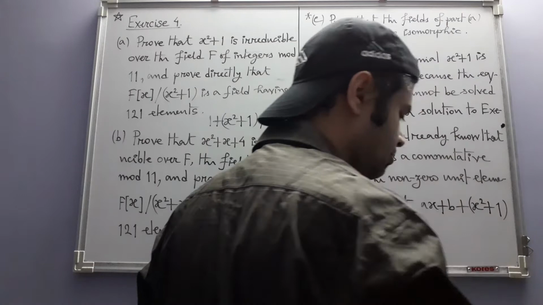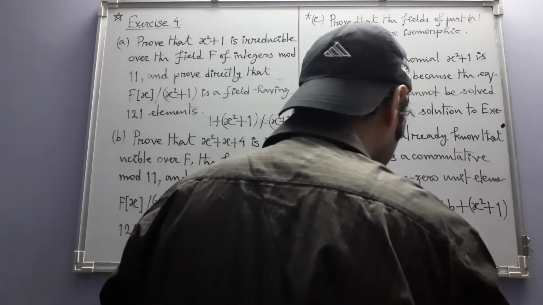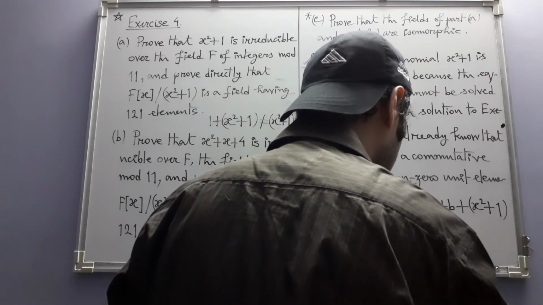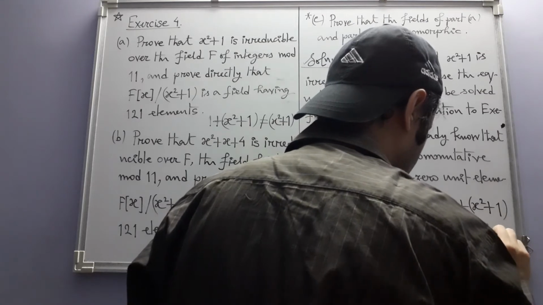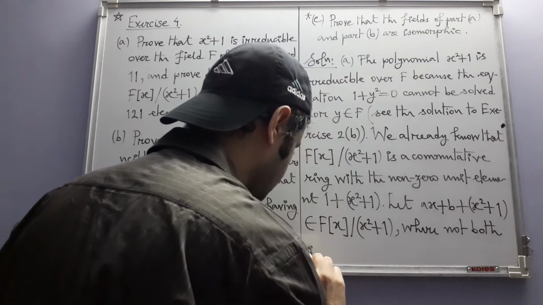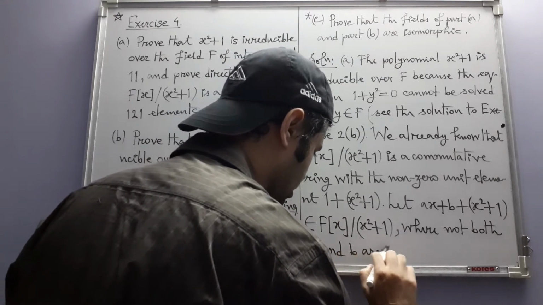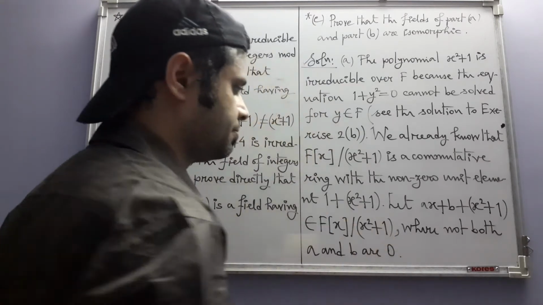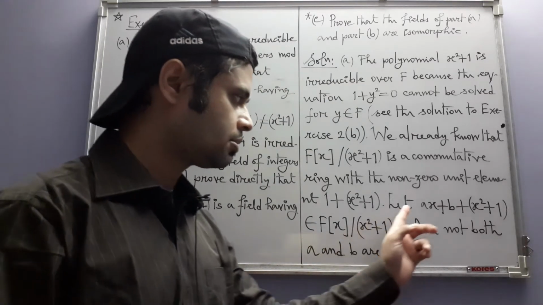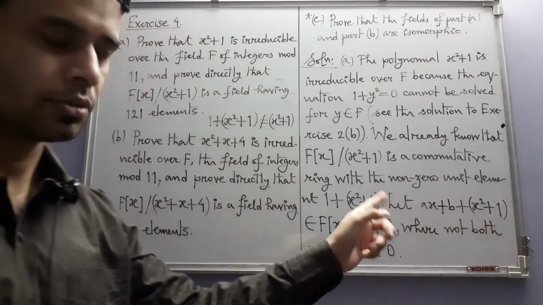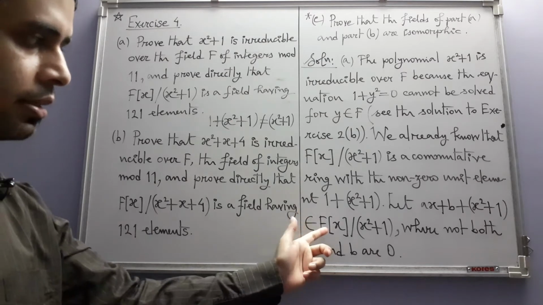That is equivalent to choosing a non-zero element in this ring, where not both a and b are 0. Okay. Now we have to somehow produce another such coset so that their product is the unit element in this ring.